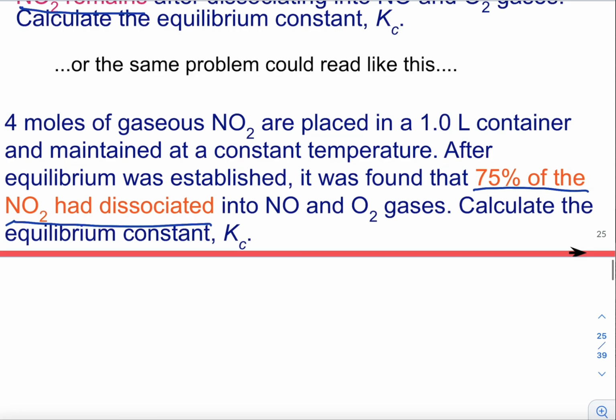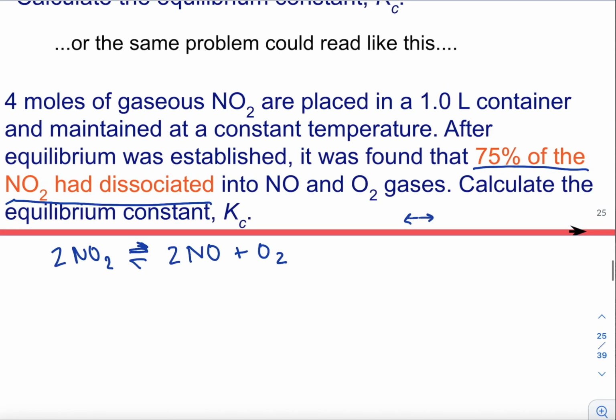I'm going to start by writing the reaction. You'll notice I'm using my equilibrium arrow, which goes in both directions. You also might see it written like this, but the two half arrows on top of each other is more common. Now I'm going to use my RICE box.